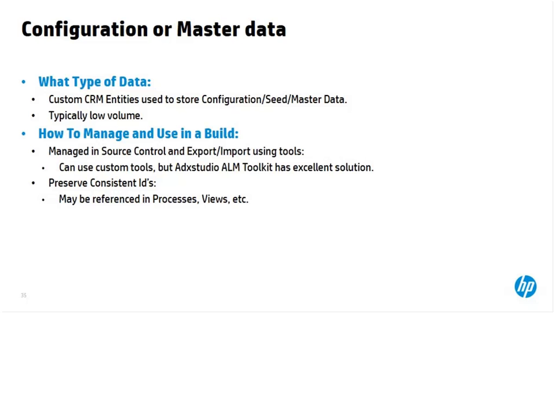The reason you want to manage it in source control and export from one environment and propagate it to all your other environments using standard tools is that you want to, again, preserve consistent IDs, because these records may be referenced in processes, in CRM views, and so on and so forth. So if your IDs are consistent, you again won't have those manual steps at the end of each solution import.